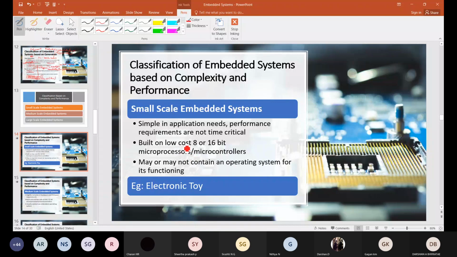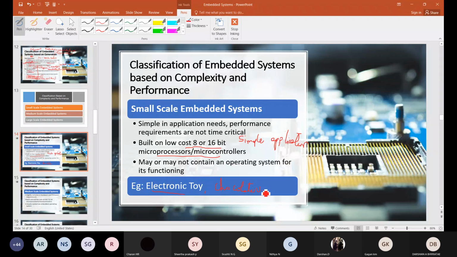As I told, we use an 8-bit or 16-bit microcontroller in the design. If I use an 8-bit or 16-bit microcontroller, that is a very simple application, for example an electronic toy or a chocolate vending machine.